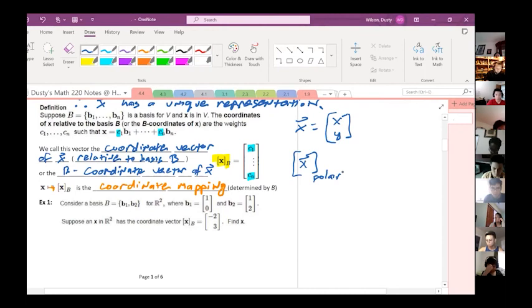So x in the polar world is going to have some r, theta. We can kind of go back and forth. So you could start with your x coordinates, and go to your polar world.